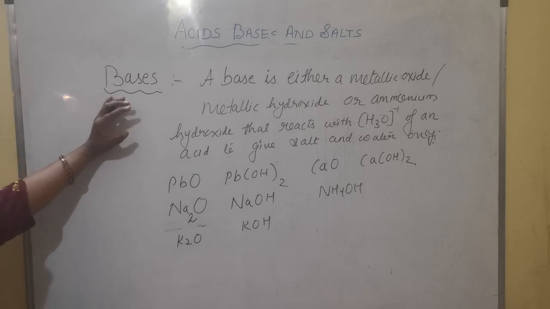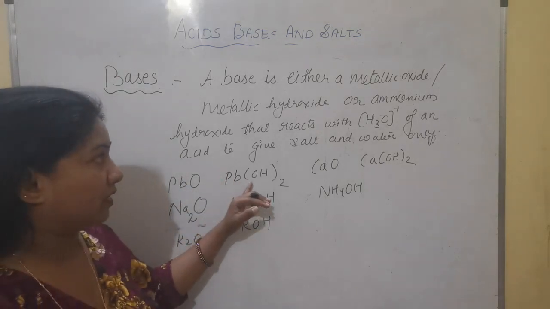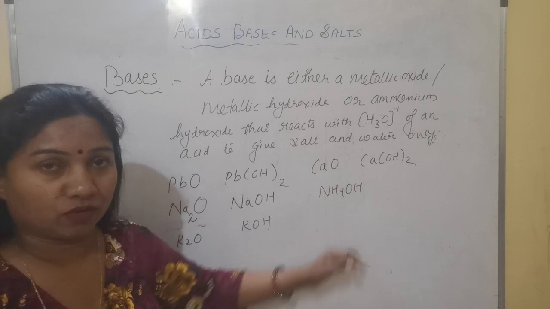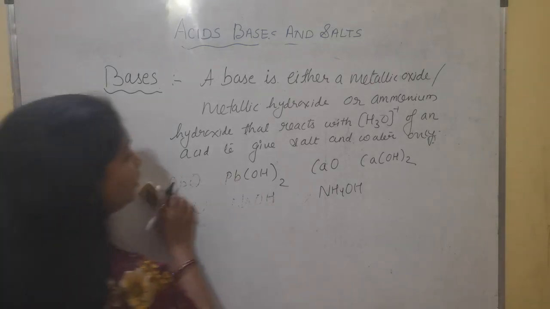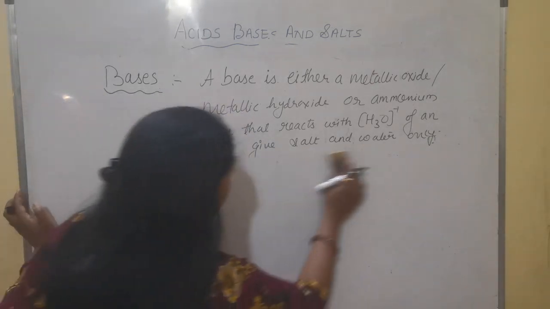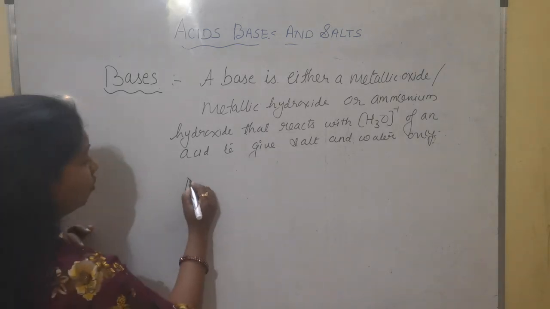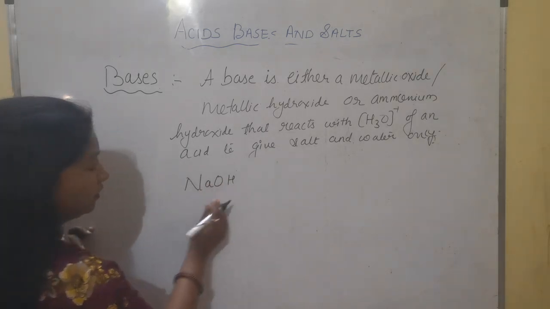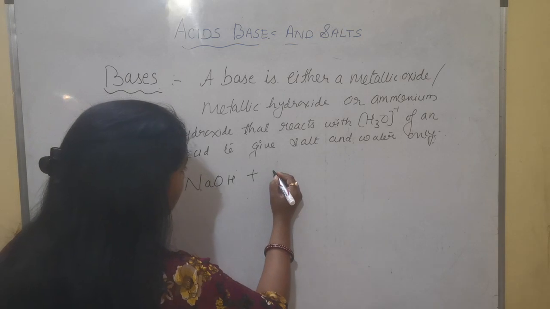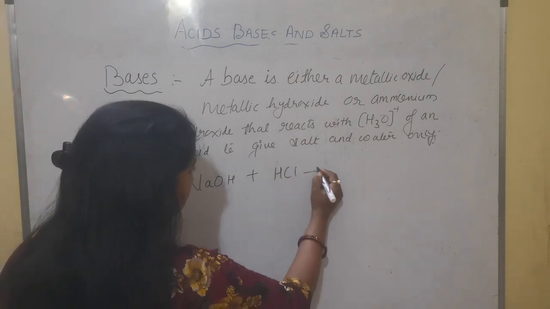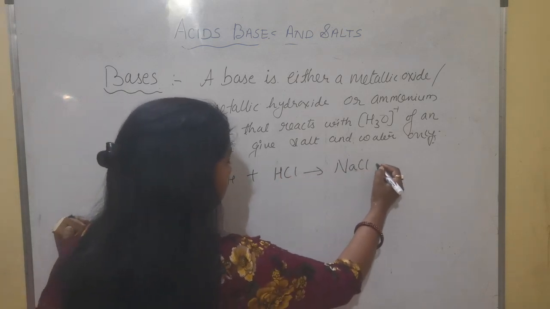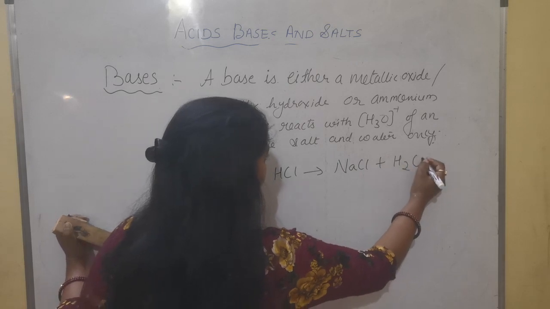So bases are either a metallic oxide or metallic hydroxide or ammonium hydroxide that reacts with hydronium ion of an acid to give salt and water only. When a base reacts with acid, it gives salt and water only.